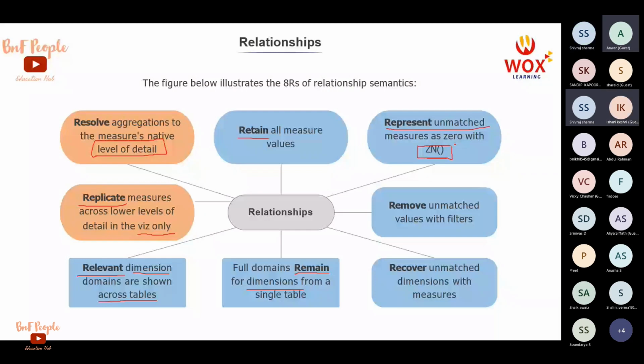Next, it provides you the facility of filters, so you can filter out or correct the unmatched values. Especially when you work on maps, it will help you so much.